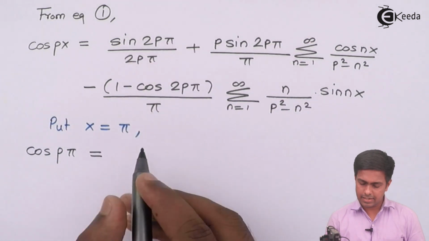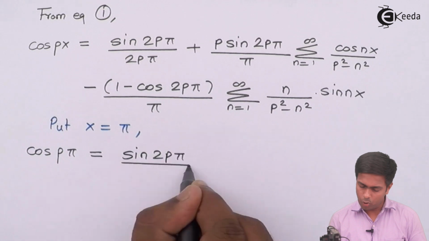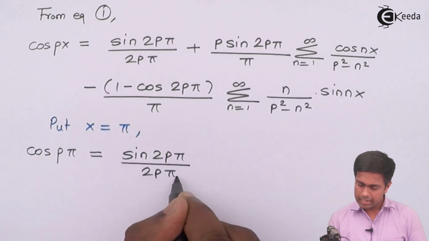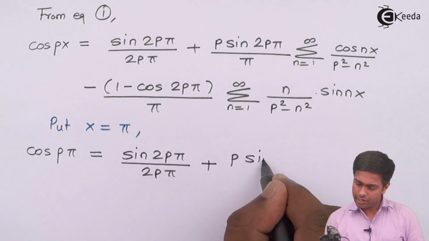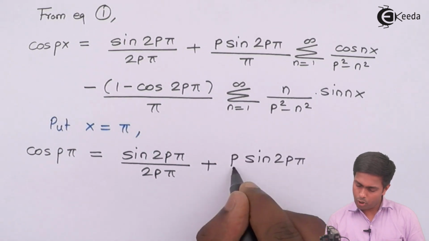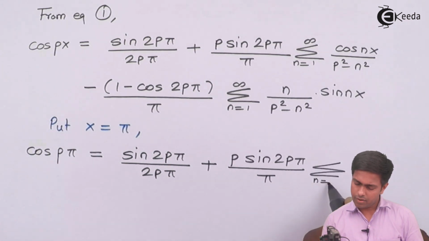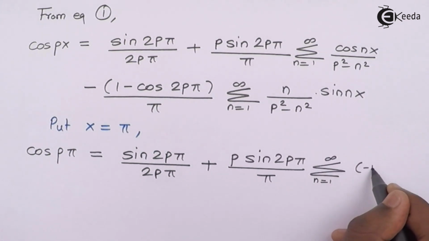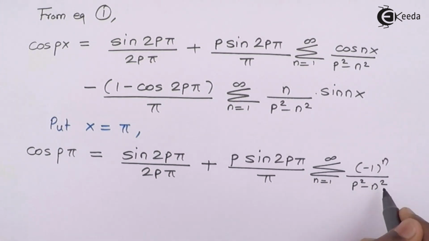One term is sine of 2p pi upon 2p pi. The second term is p into sine of 2p pi upon pi, and in the summation we have minus 1 raised to n upon p square minus n square.